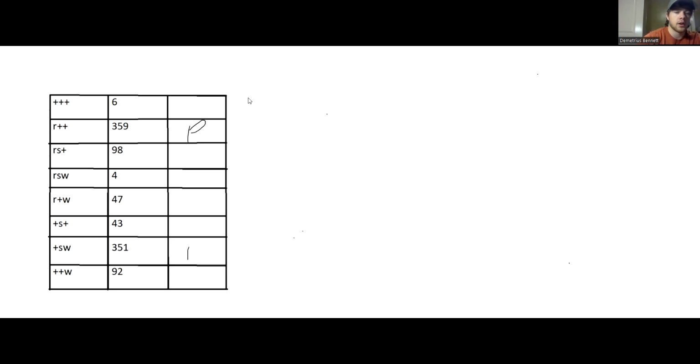Then we need to find the double crossovers, and that's going to be the ones with the least amount. That's going to be this very top one where it's plus plus plus. I'm going to put a D for double crossover, and then we have R S W, which only has 4. Now that you've found the parental and double crossovers, we need to compare them to each other.